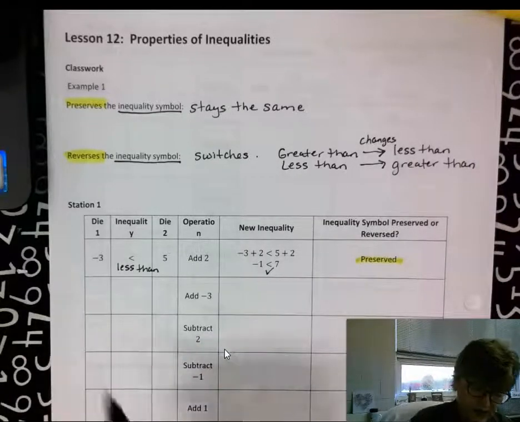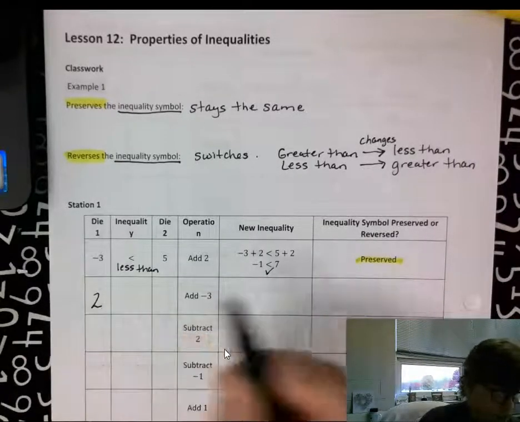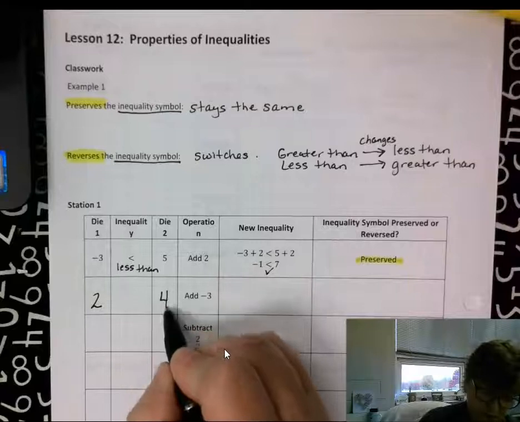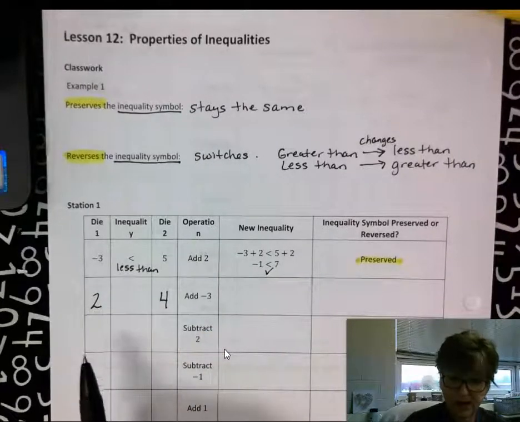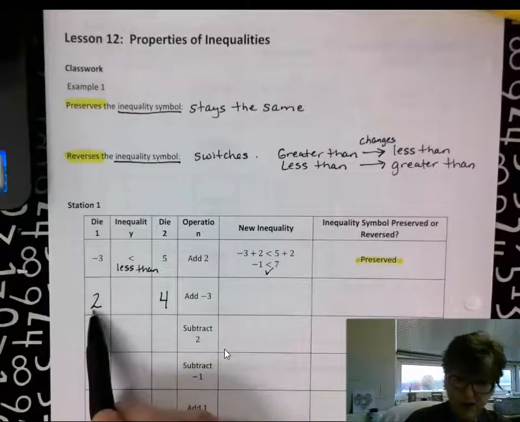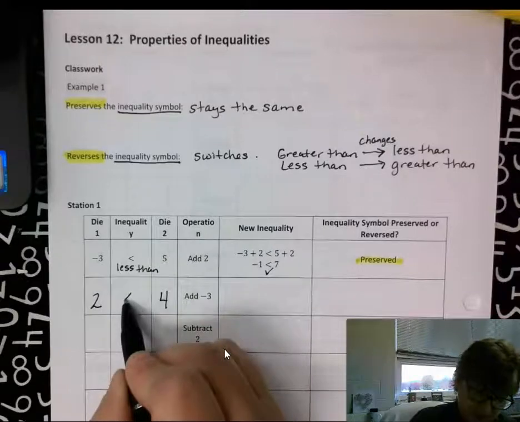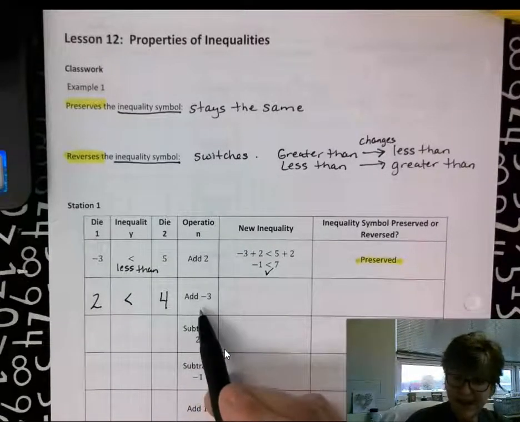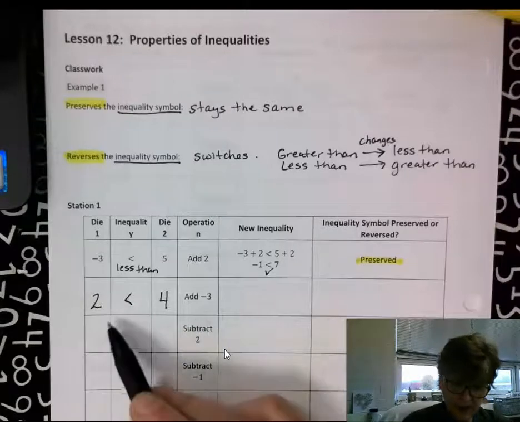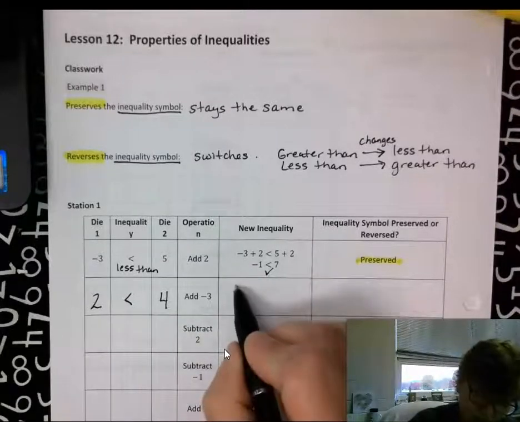Okay, let's try another. So we'll just use the numbers 2 and 4. And before we do anything, we have to decide on our inequality. So what inequality will make this true? 2 is less than 4. And we're going to add a -3 to both sides of this inequality.